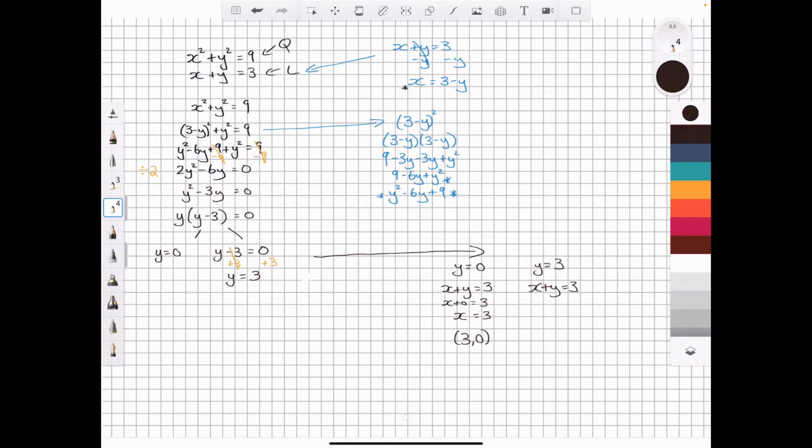And over here on the right, y is equal to 3, so x plus 3 is equal to 3. And here, I'm going to minus 3 from both sides. They cancel, but so does this. So that means that x is equal to 0. So our answer here is 0 and 3.